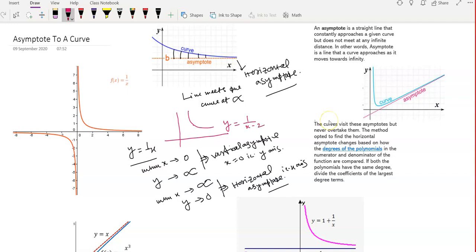See, here also there is a horizontal asymptote and there is a vertical asymptote also. Because here if you take x tending to 2, y is tending to infinity, and when y is tending to 0, x is tending to 2.